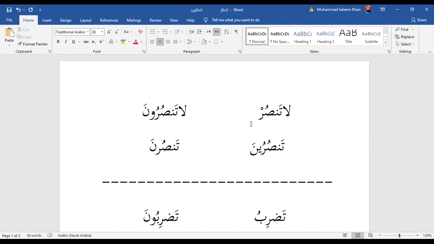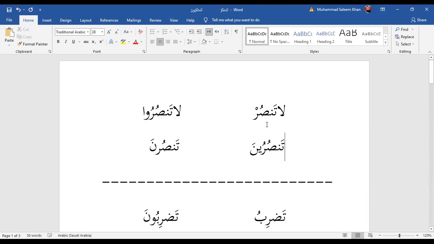And similarly, we have la tansuru, and now what we have to do is drop the noon and bring in alif, so it will be la tansuru, you all don't help, and then you can bring in the object, which can be any person. So you all don't help Bilal, la tansuru Bilalan. So what happened here is basically the noon was dropped and it has been replaced by alif. What about tansurina?